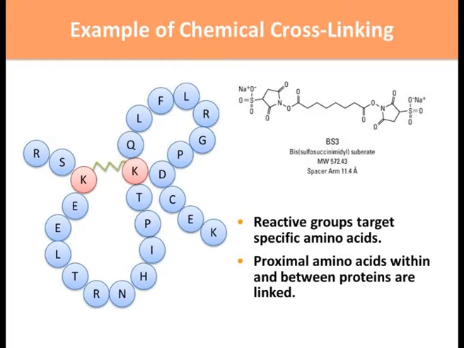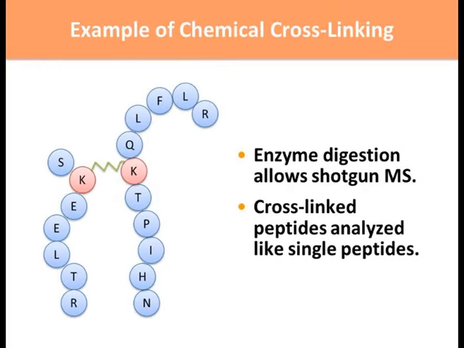And when it binds to a lysine on one end of the crosslinker, the other end will float around and look for an attachment point to another lysine. And should this point exist within this spacer arm here, which is 11.4 angstroms, a covalent bond is formed that remains in place after digestion with trypsin to produce the peptides.